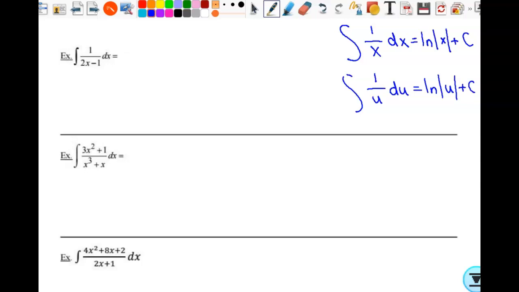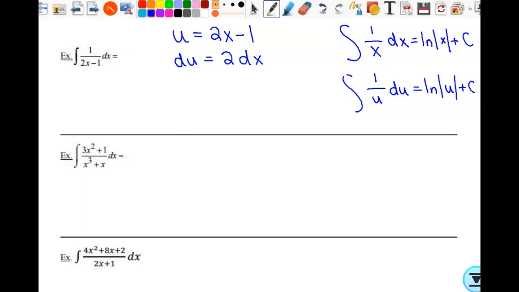So let's try u sub. What do we want to call u? So u equals 2x minus 1. All right, so what's du? du equals 2 dx. I know that the u sub will work as long as I see the variable component of that derivative in my integrand.